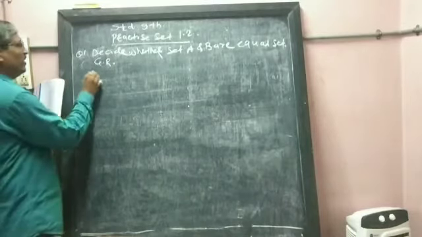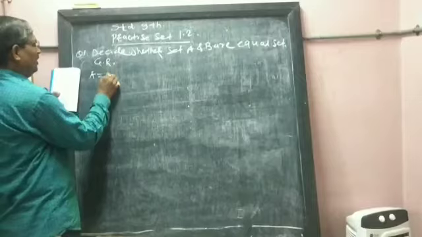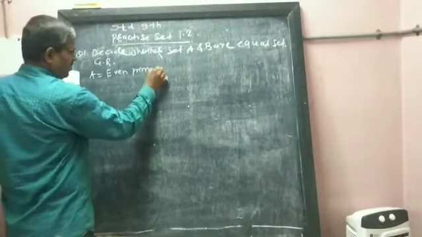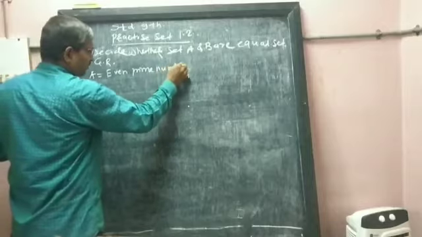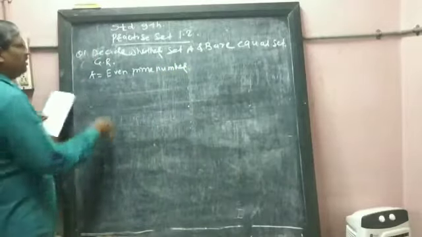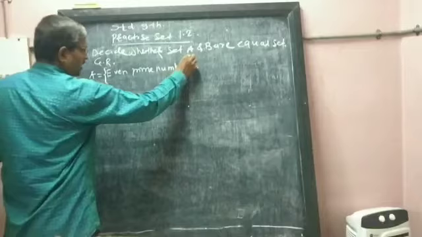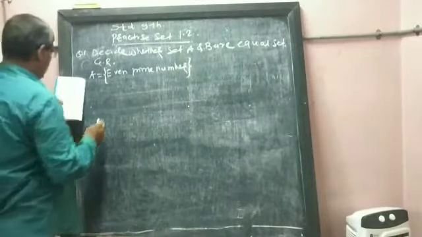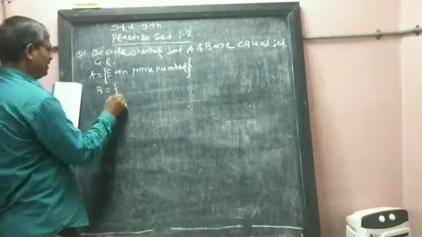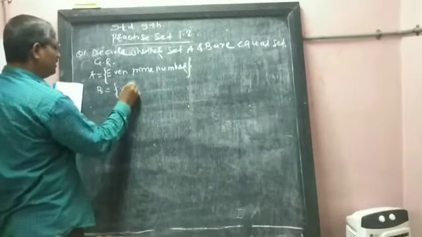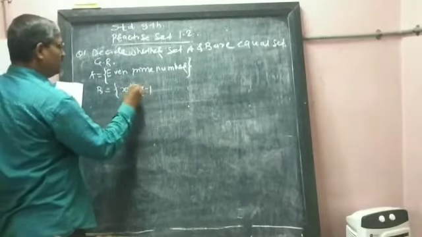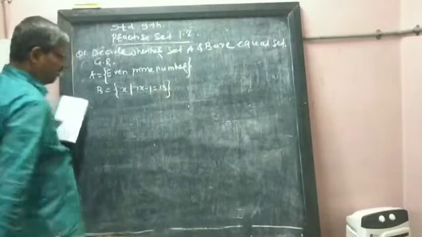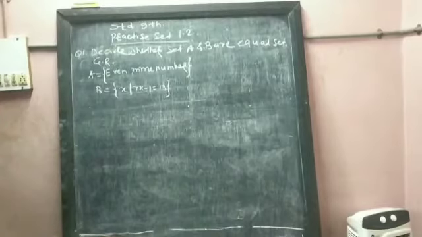Check what is the set A, even prime number. I don't have your textbook. I have forgotten, might be to write here brace bracket. So I am writing here. Now B is another set, B is x such that 7x minus 1 is equal to 13. 7x minus 1 is equal to 13.